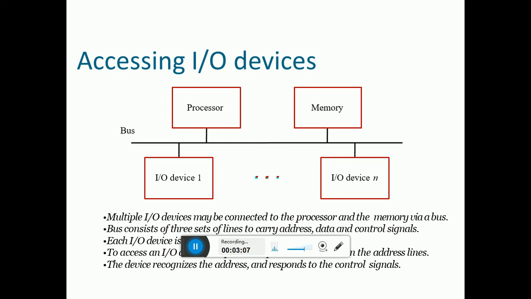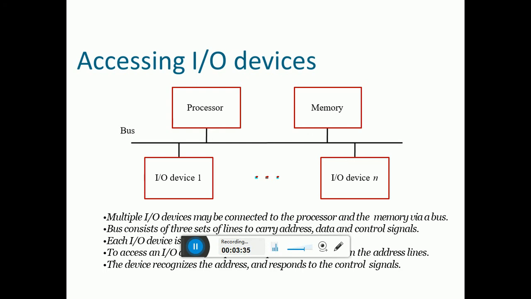As we have done in memory, where we discussed the memory locations from where we have to access the data, now the data is given by the input output devices. So we have to read the data from the input output devices, or we have to write the data to the input output devices.